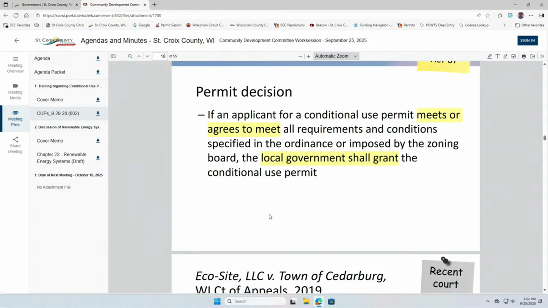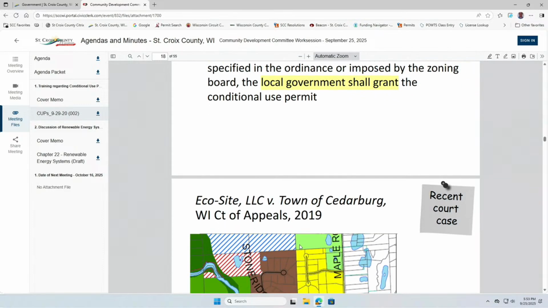Our staff still suggested approval to the committee, but we had a condition in there that would definitely meet the substantial evidence side of it, saying that they must comply with all local, state, and federal permits needed for their use. So we still addressed the town's concerns, but we stayed in compliance with statute. That's why we suggested what we did.